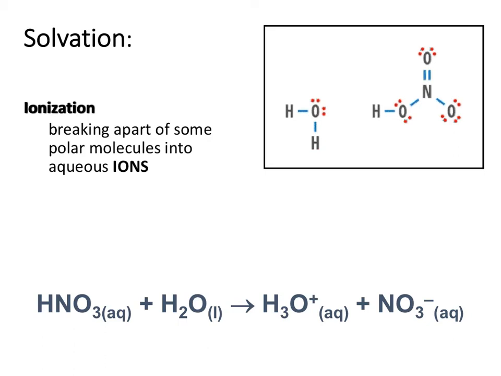Now, we'll talk about this in great detail when we discuss acid and base chemistry, but basically what we're dealing with here is very similar to the previous example. Water molecules are going to surround the polar molecule and subsequently isolate out the ions. Now, there's a little bit more bond breaking and formation that happens in this particular type of situation. But again, we'll discuss that in our acid and base chemistry unit.